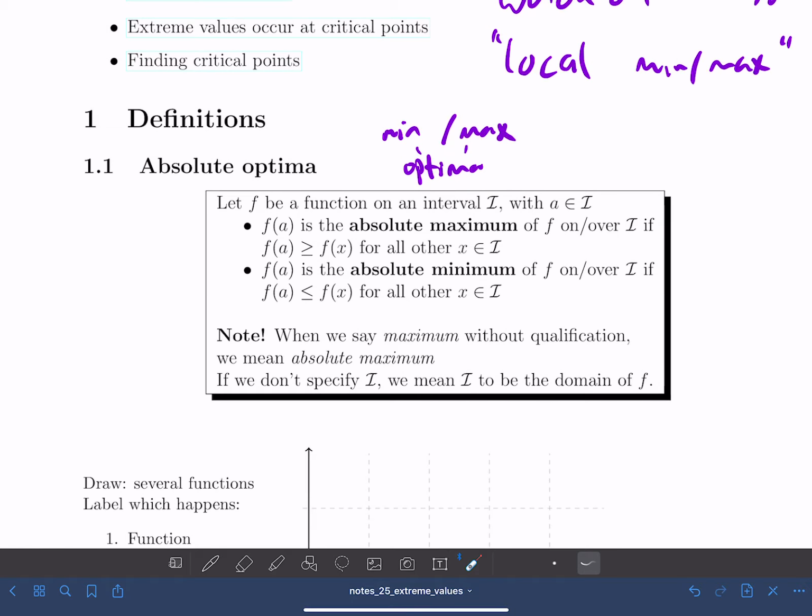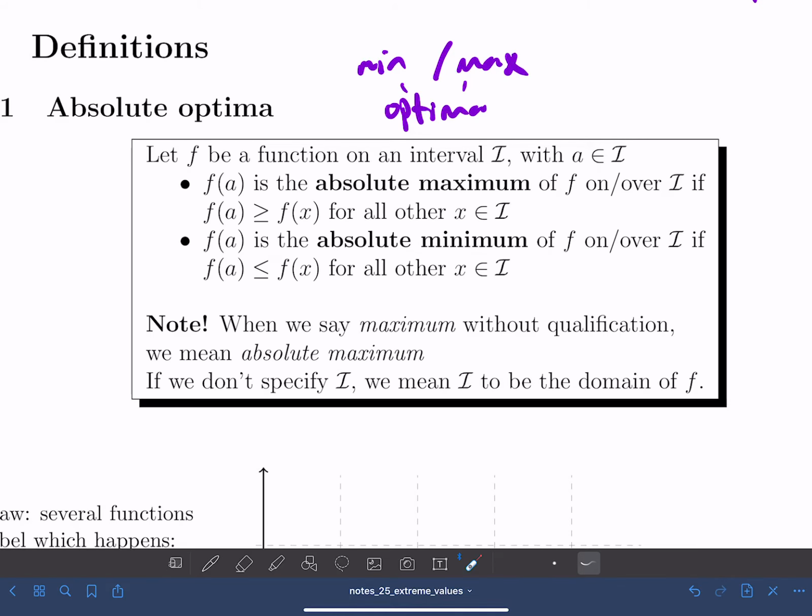Actually, I think I should stress this note here. If I just say maximum without qualification, I mean absolute maximum. So if we don't specify what kind of max, then we mean absolute, and same for minimum too.